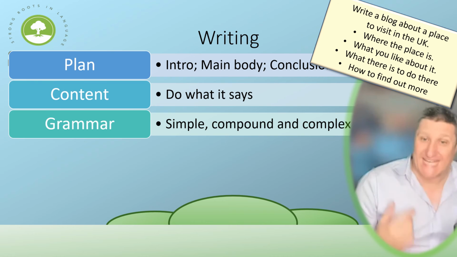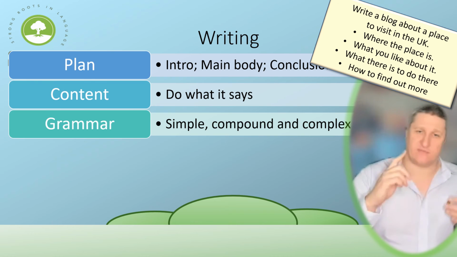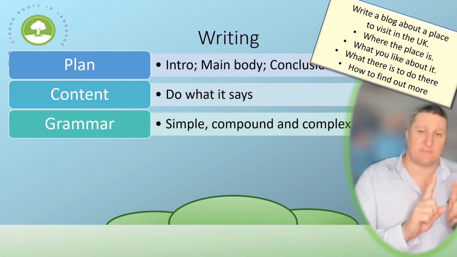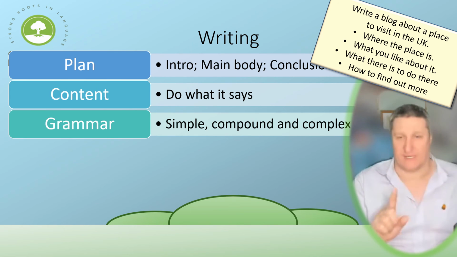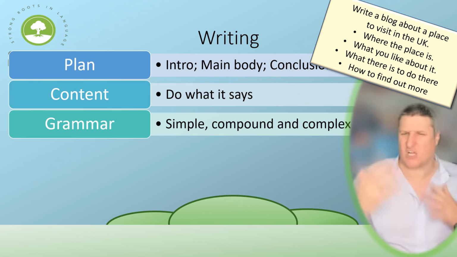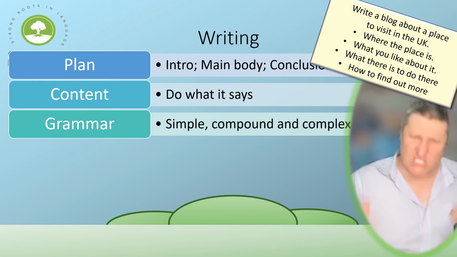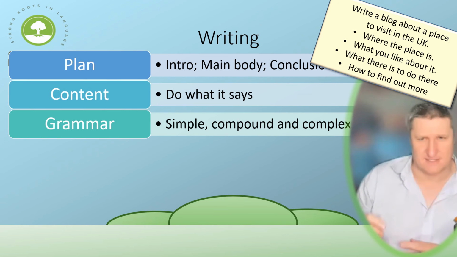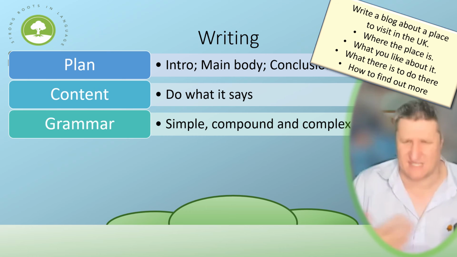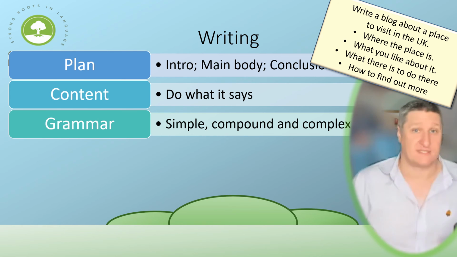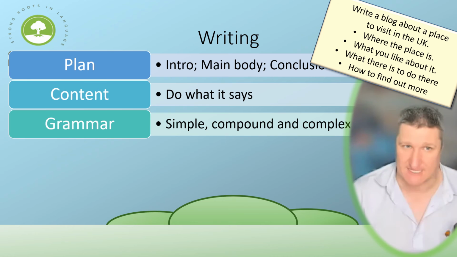A complex sentence is where you've got 1 independent clause and a dependent clause clinging onto it. You can normally recognize a conditional sentence is by definition a complex sentence, but also anything that has because in it is a causative complex sentence.